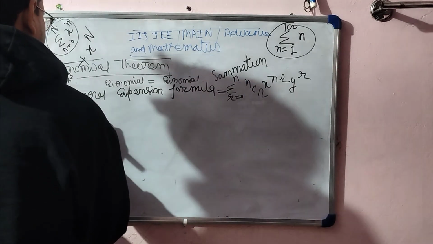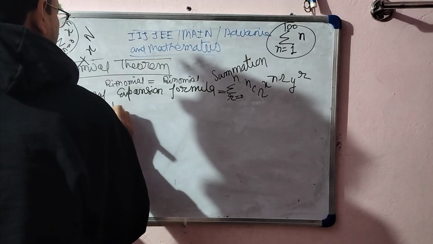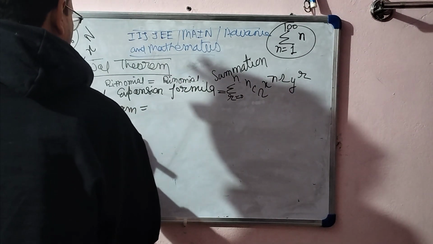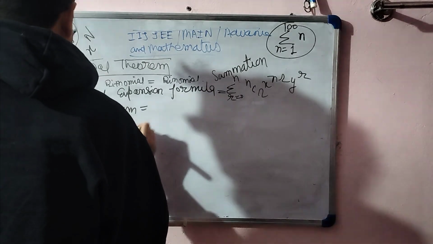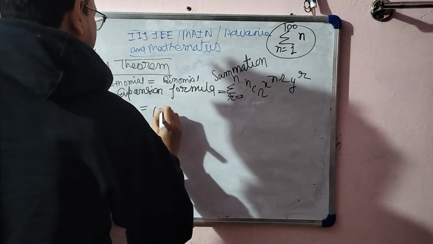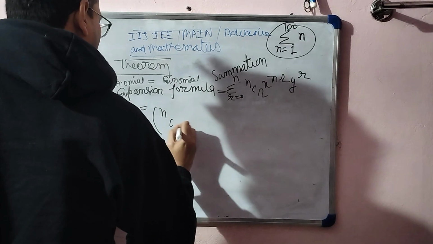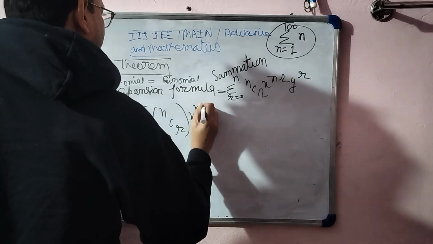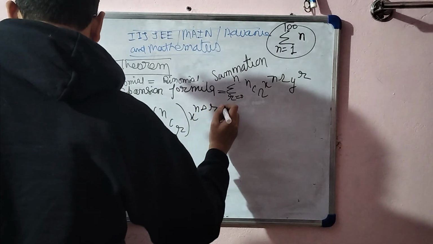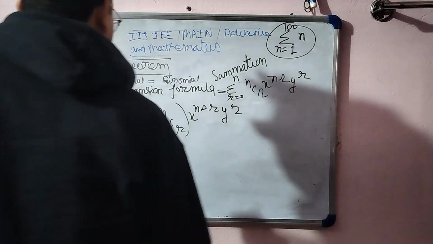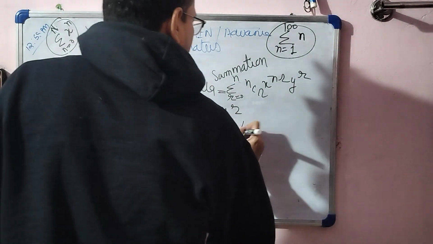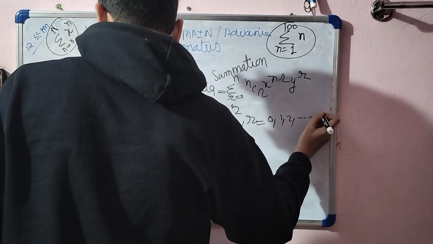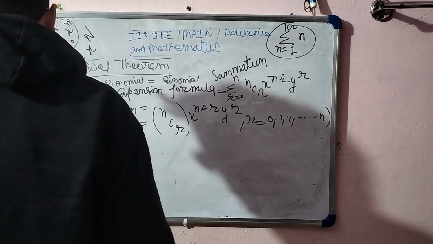Second is the general term. General term means T(r plus 1) equal to nCr x to the power n minus r, y to the power r, where r equal to 0, 1, 2, up to n.